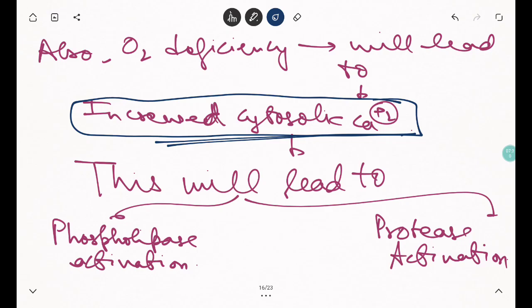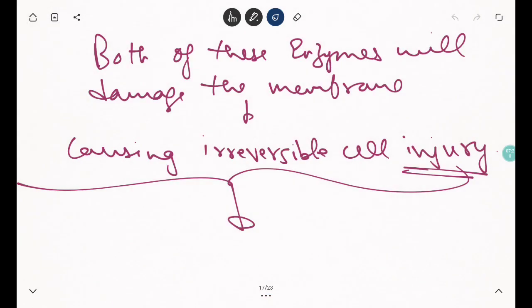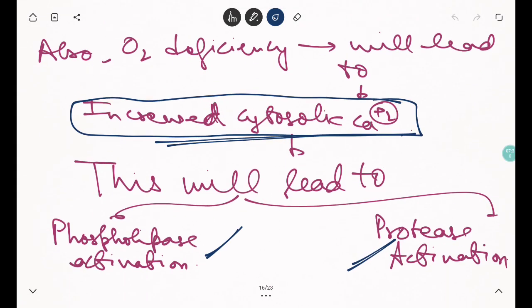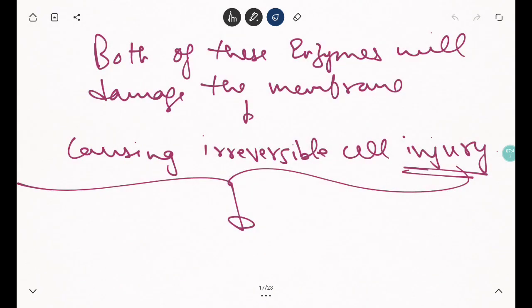So this increased cytosolic calcium will lead to activation of two enzymes, phospholipase and protease. Phospholipase will digest the phospholipids of the cell membrane, and protease will digest the proteins of the cell membrane. Both of these will damage the membrane, causing irreversible cell injury.